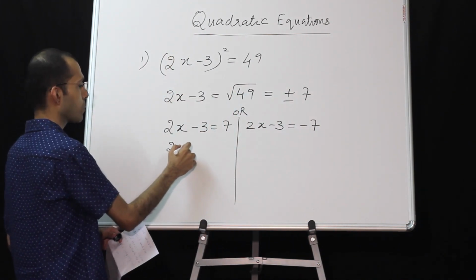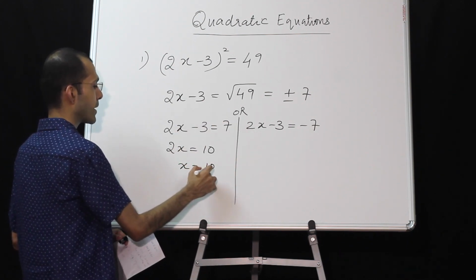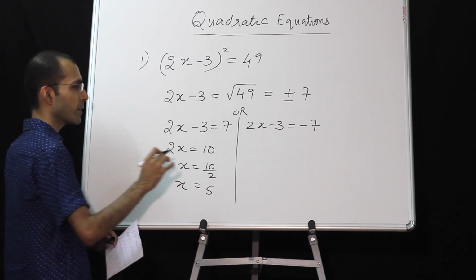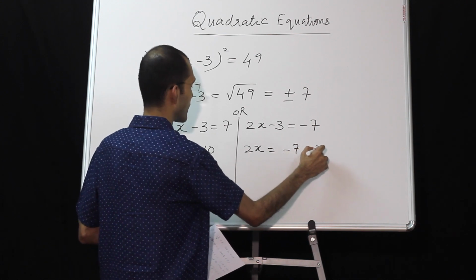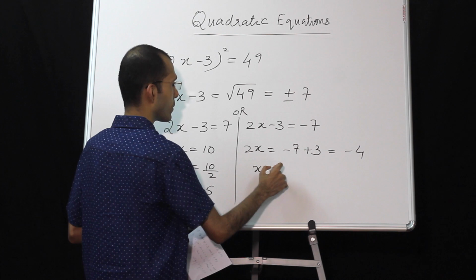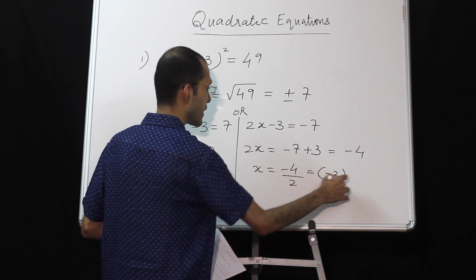Come here, so 2x will be 10 after you transpose, x will be 10 upon 2, that is 5. So x is 5. Here 2x will be minus 7 plus 3 equaling minus 4. So x will be minus 4 upon 2, which is minus 2.